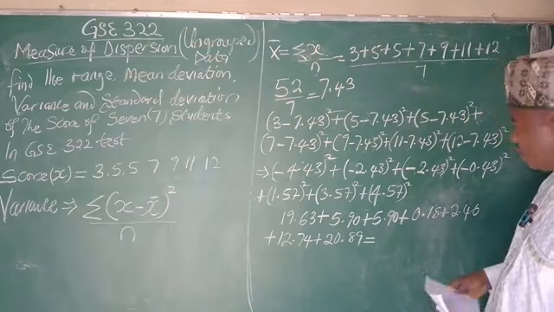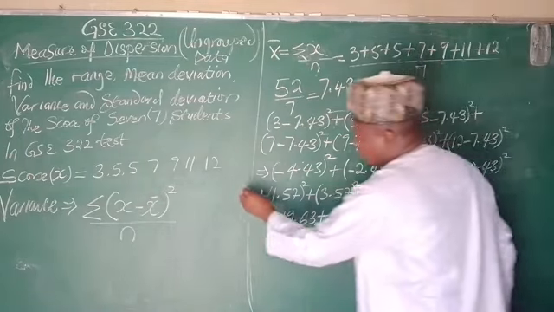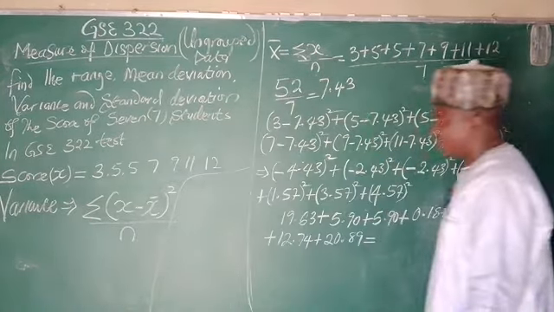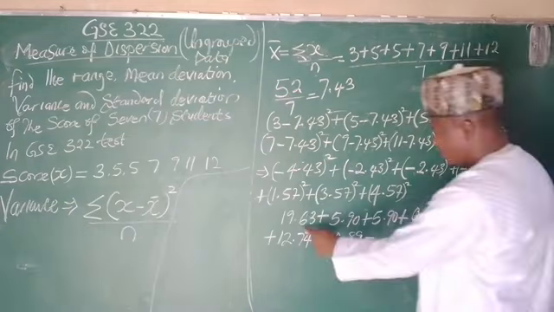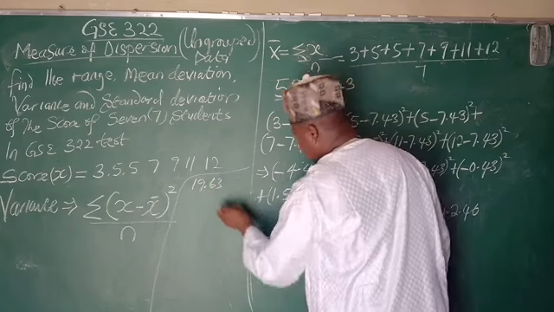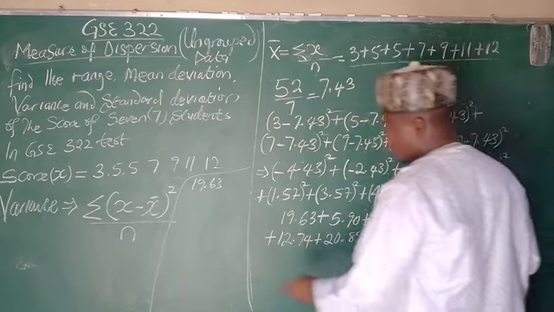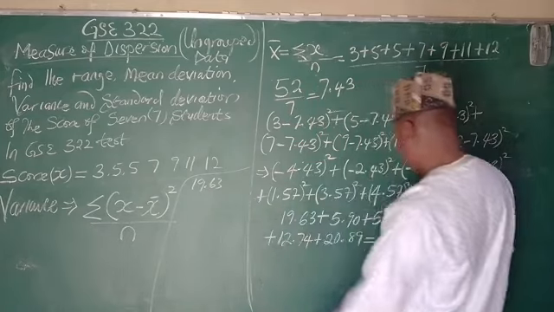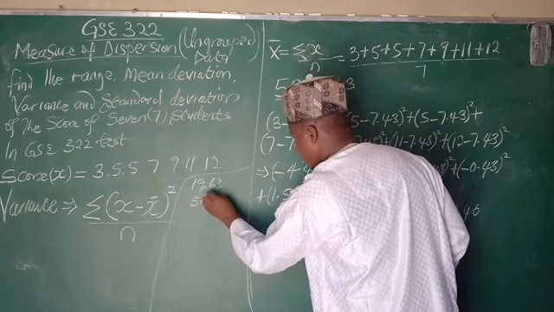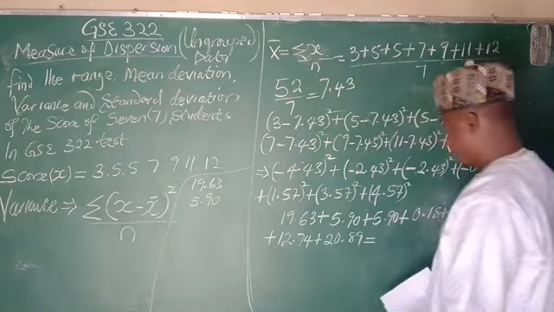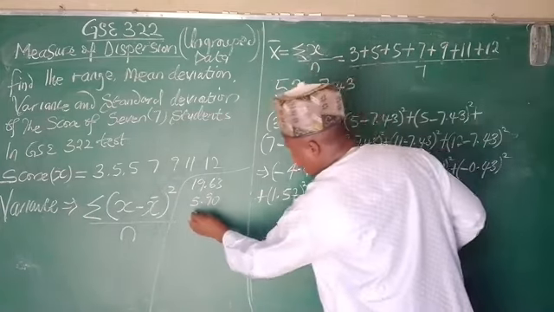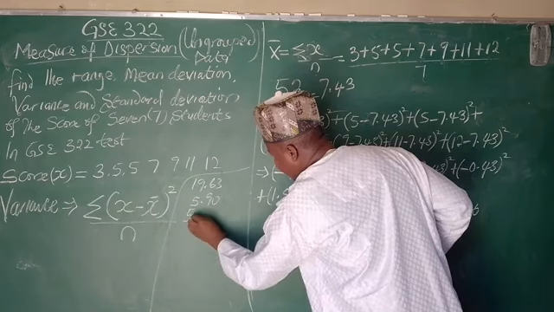So now let's take this portion and see if we can sum them up. 19.63, 19.63. The next one is 5.90. The next one also is 5.90.